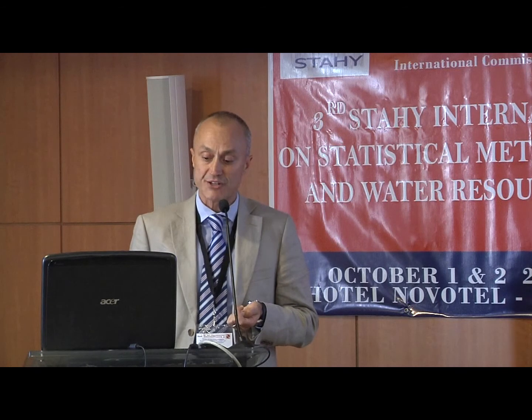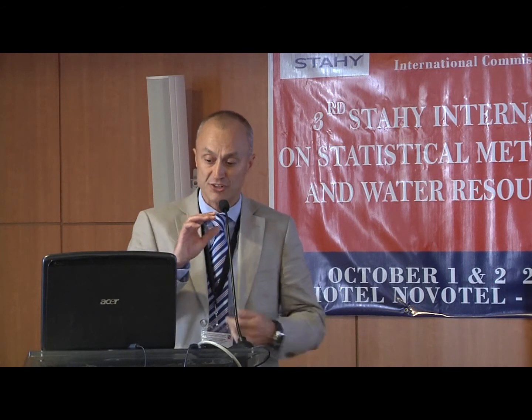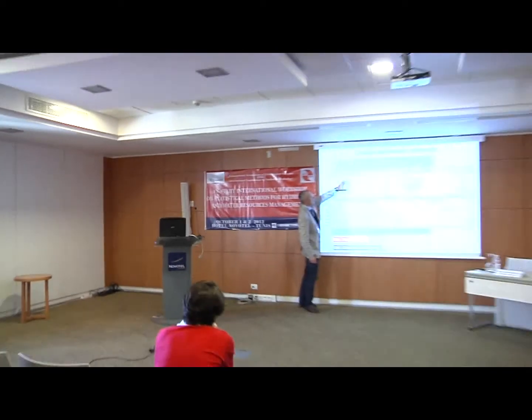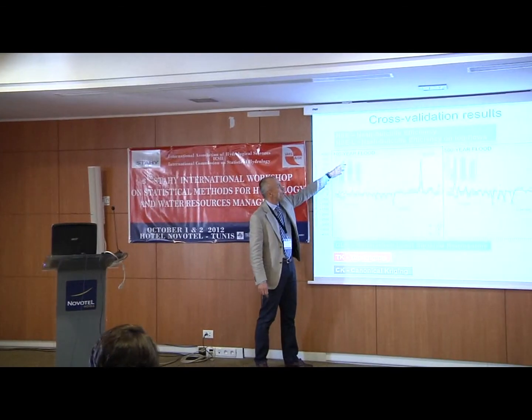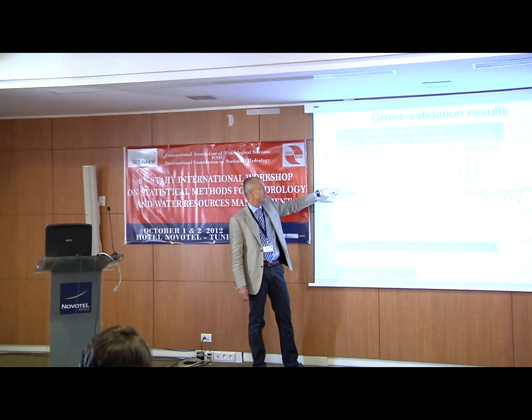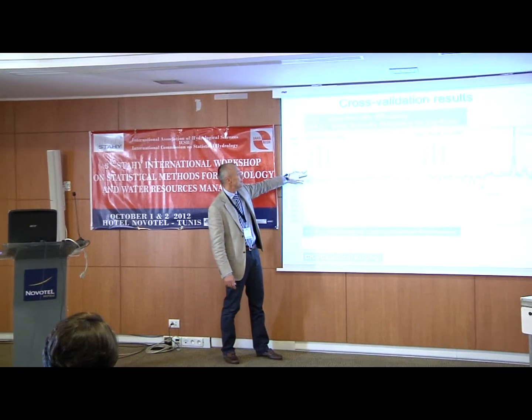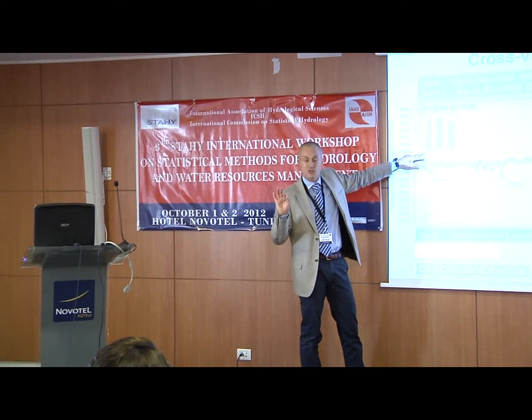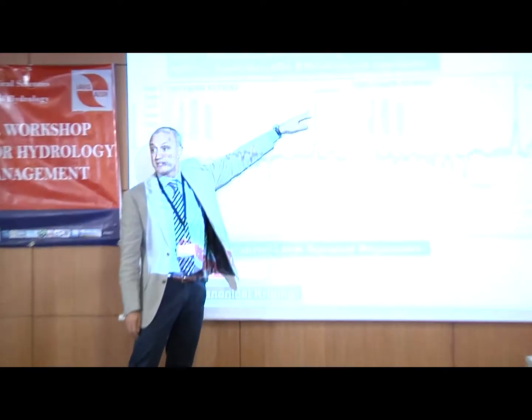These results are summarized in terms of Nash-Sutcliffe efficiency. The bar on the left of each of these sets of two bars is for canonical kriging, top kriging, and generalized least square regression. By comparing these bars, the Nash-Sutcliffe efficiency, we can see that top kriging outperforms the other two methodologies by a large amount. In particular, canonical kriging seems to provide the lowest performance, but this is associated with this very site.